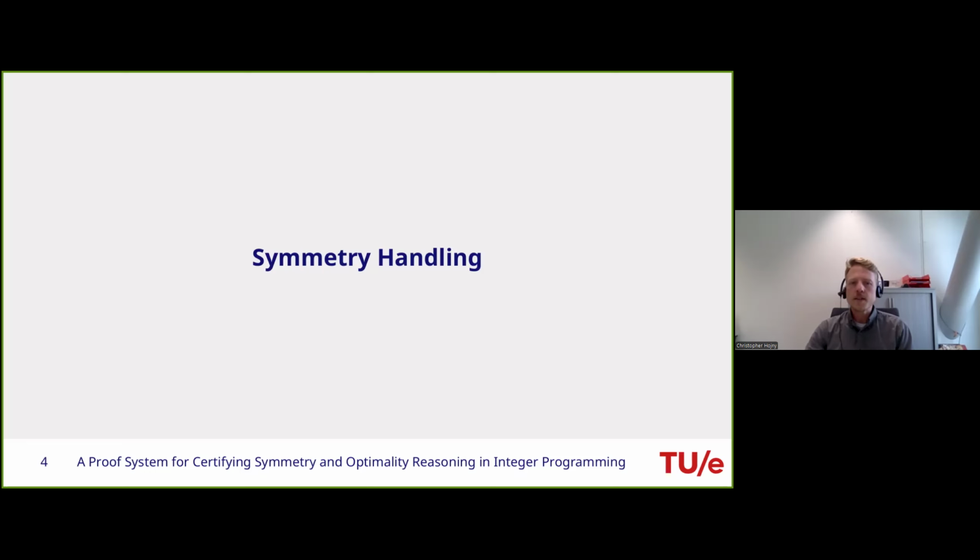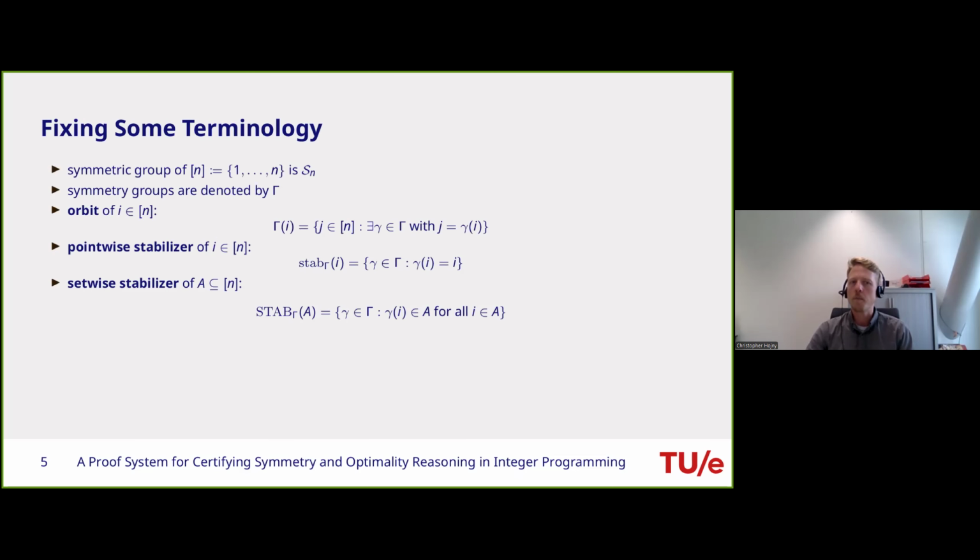And to motivate the symmetry, the pre-order and the strict order that I've already sketched in the main presentation, let me go a little into the history of symmetry handling and how some symmetry handling techniques have been derived, to illustrate why we opted for this definition of the orders based on the branch and bound.